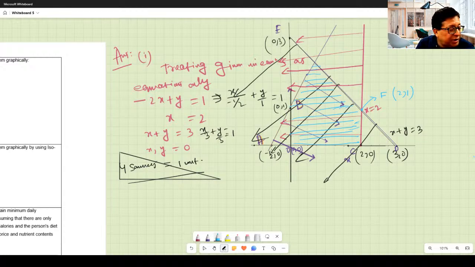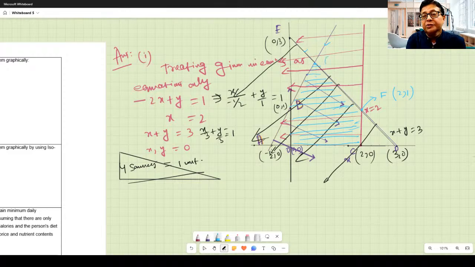And point of intersection of this line and this line. This is going to be what? You can get it by solving, or don't solve it here, because here I have taken the coordinate axis, so count it. 1, 2, 3, 4, 1 is there, isn't it? This part is 1, and this is 1, 2, 3, 4, 5, 6, 7, 8.